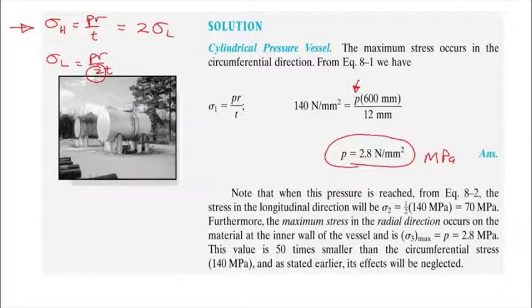So the pressure can go up to 2.8 megapascal only before the stress sigma H reaches 140 megapascal. If you want to calculate for the longitudinal stress, you can do so.